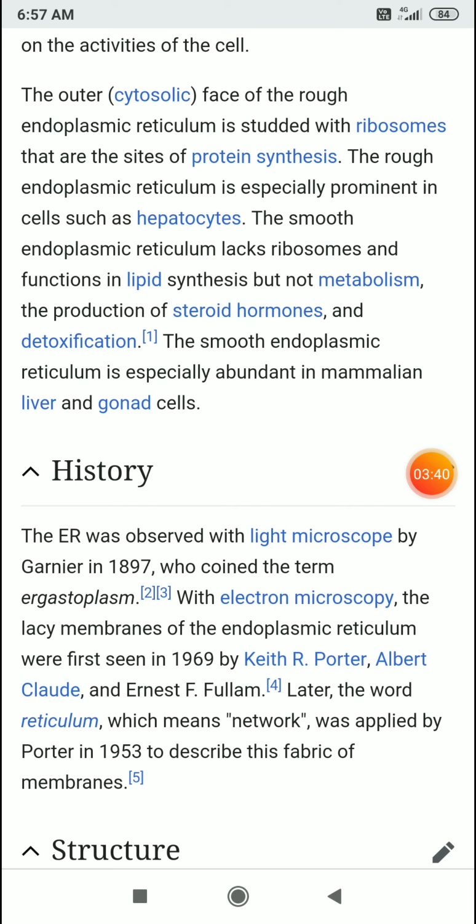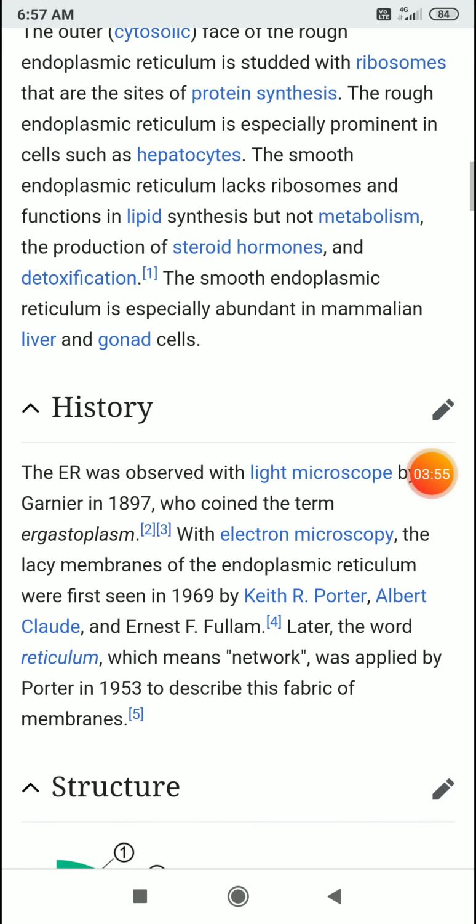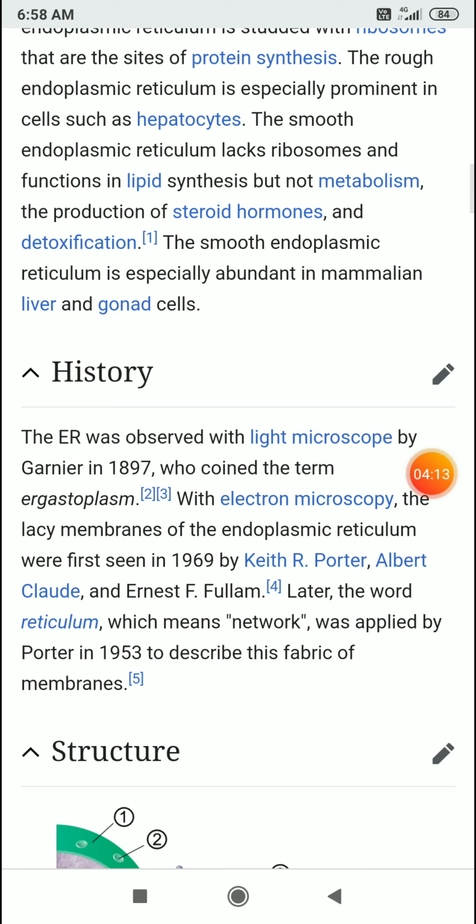In 1907, the term ergastoplasm was coined. With the electron microscope, the lacy membranes of the endoplasmic reticulum were first seen in 1945 by Keith R. Porter, Albert Claude, and Ernest F. Fullam. Later, the word reticulum, which means network, was applied by Porter in 1953 to describe this fabric of membrane.